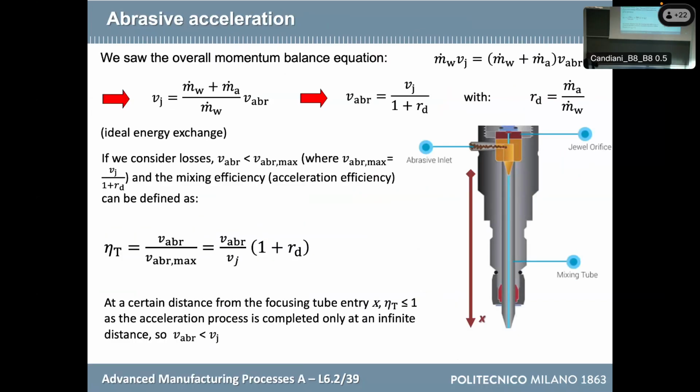Now, if you remember from yesterday, I told you that when we consider the exchange of momentum, we still were in an optimal condition, so no losses. And even if we don't have losses, we know that the mixed jet is slower than the pure water jet, because the water is giving momentum to the abrasive, and because of the balance of the momentum, the velocity must decrease.